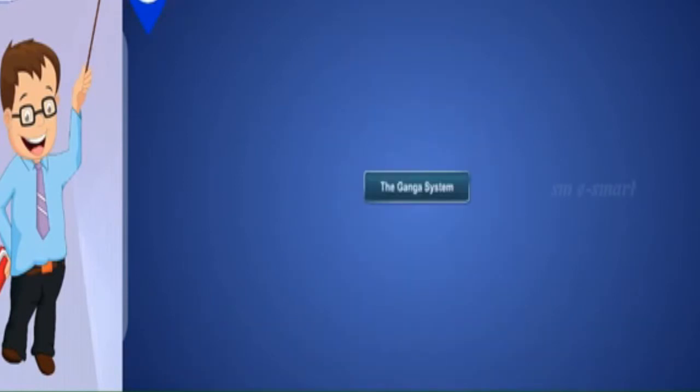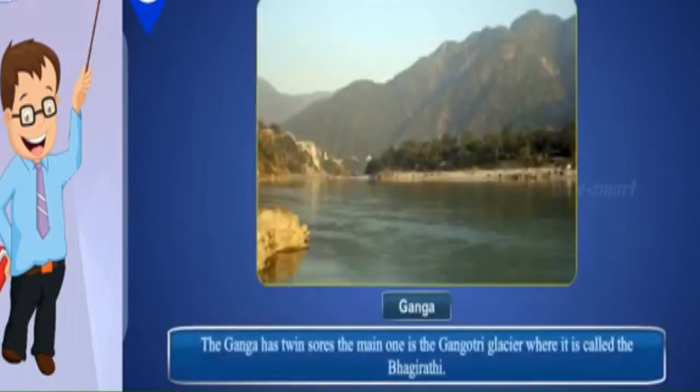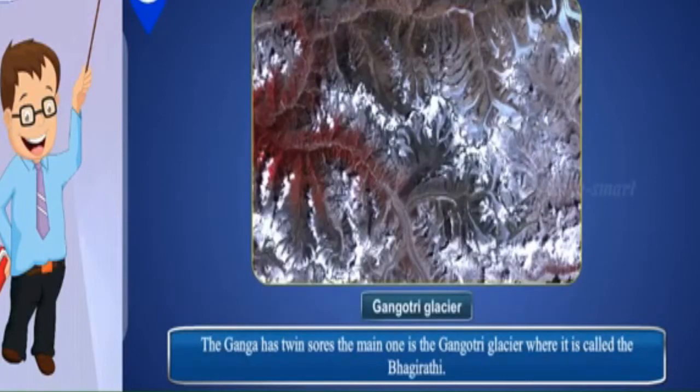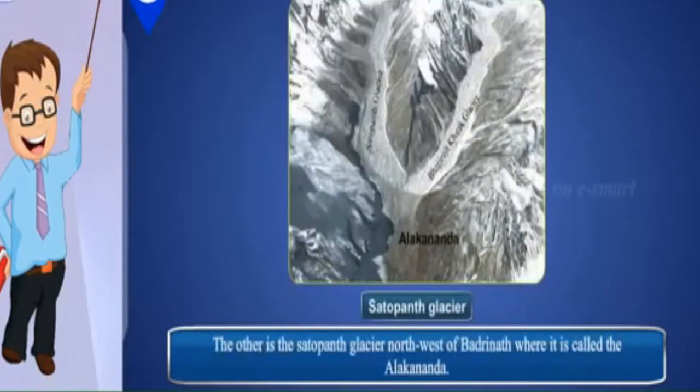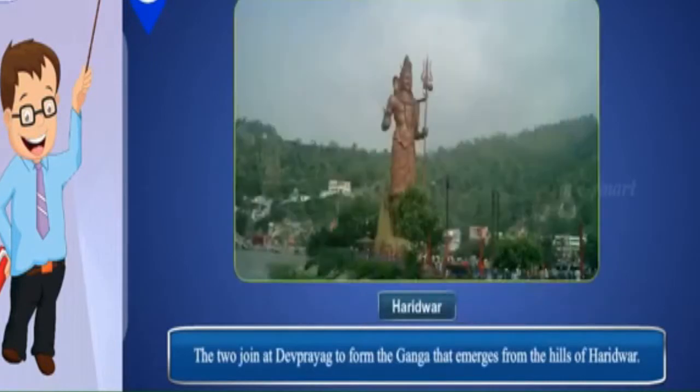The Ganga system. The Ganga has a twin source. The main one is the Gangotri Glacier, where it is called the Bhagirathi. The other is the Satopanth Glacier, northwest of Badrinath, where it is called the Alaknanda. The two join at Devprayag to form the Ganga, which emerges from the hills at Haridwar.